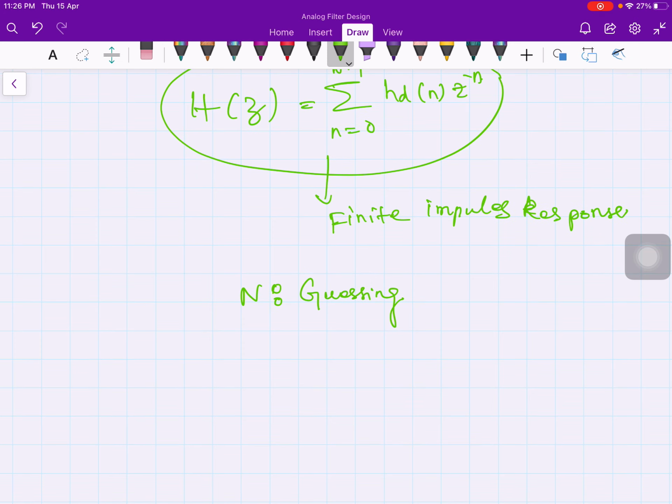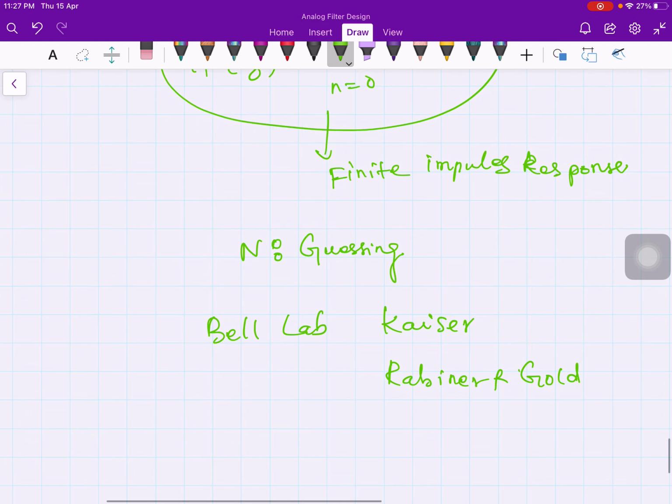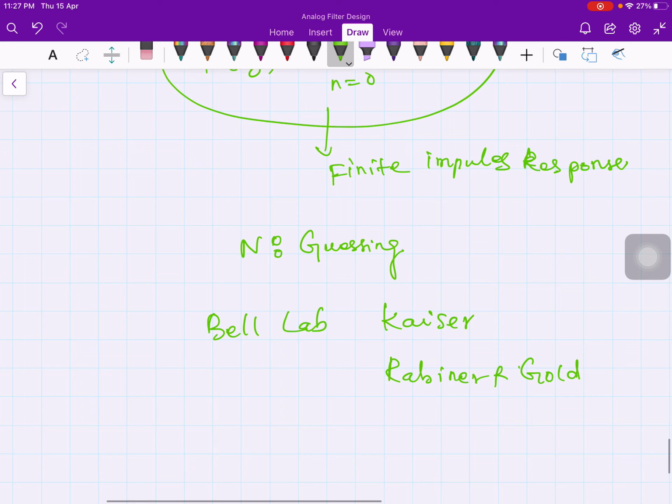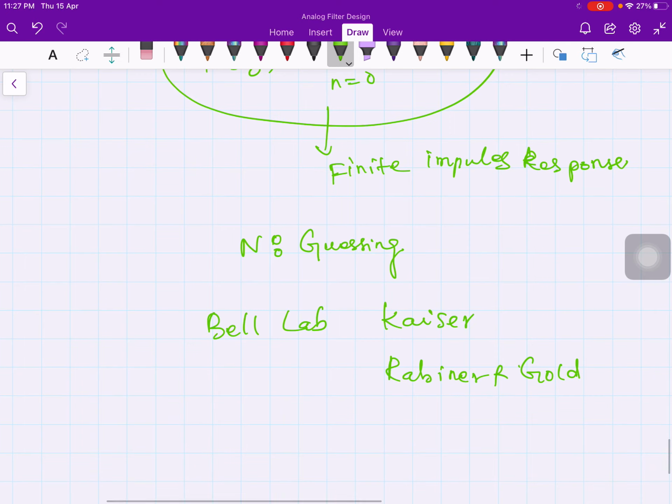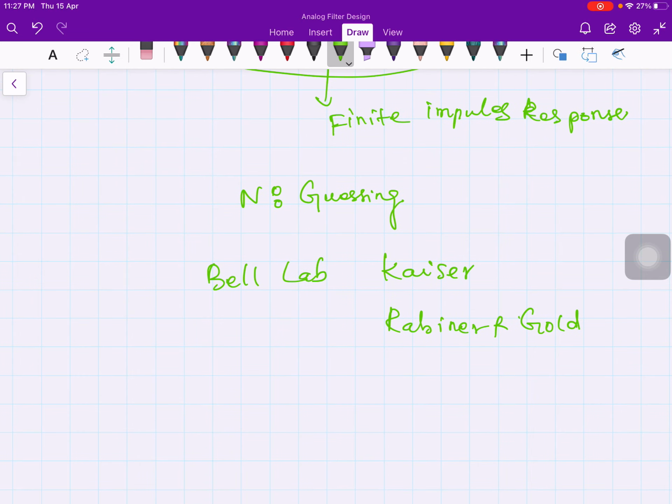Fortunately for low pass filters, well, for any kind of filter, these people at Bell Laboratories, at Bell Labs, including Kaiser, Rabiner and Gold and so on, investigated a very large number of filters on the computer and made the designs.